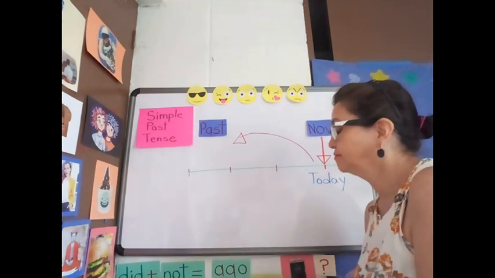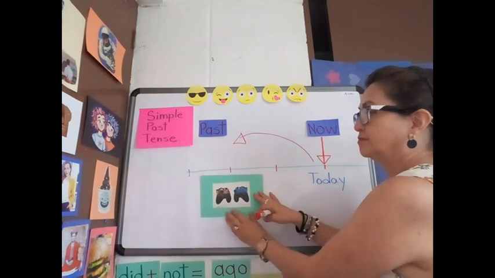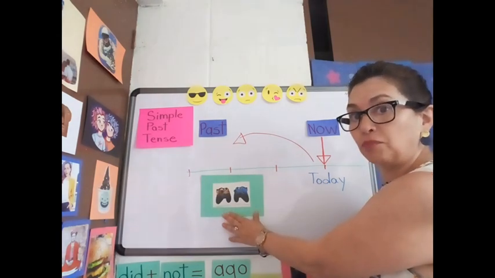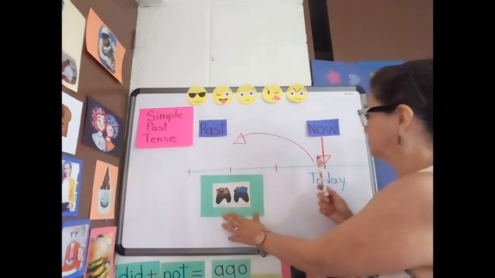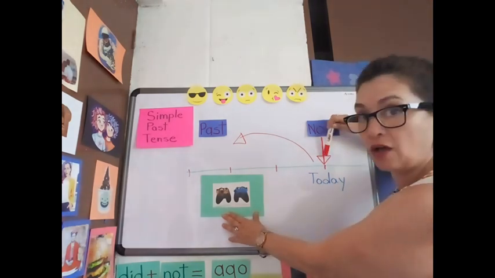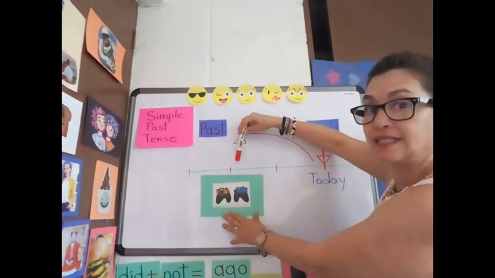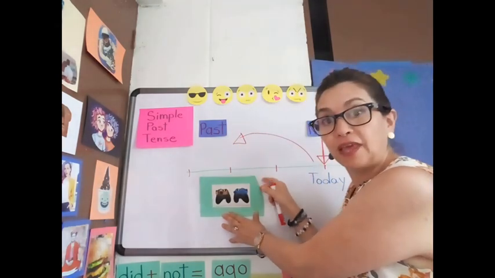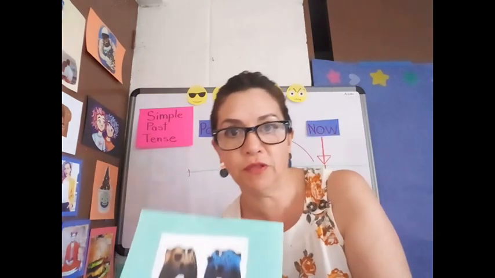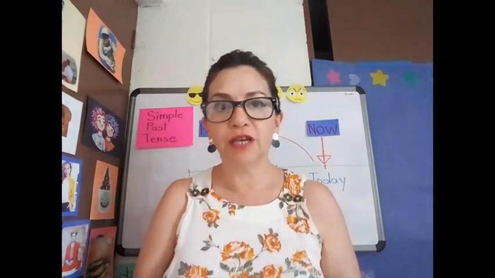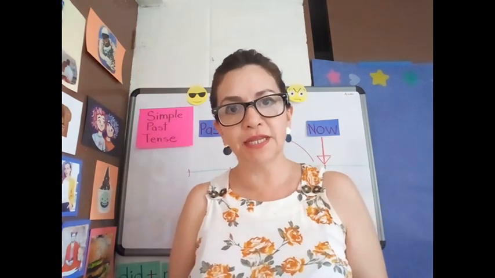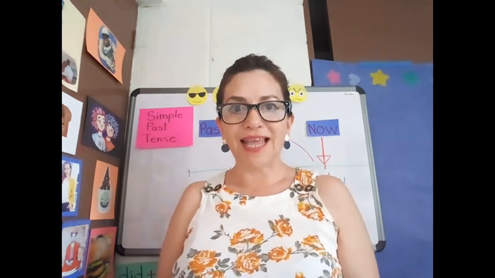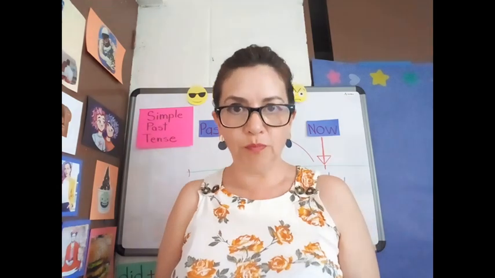Or, I played video games with my brother yesterday. Not now, but in the past, yesterday, I played video games with my brother and I finished playing. I completed that action. Simple past tense is about things that happened in the past and were completed in the past.